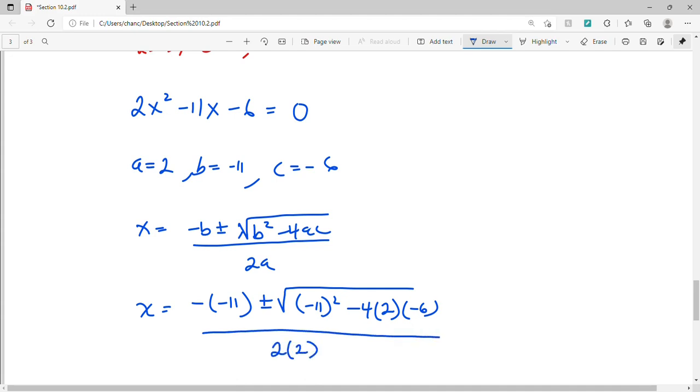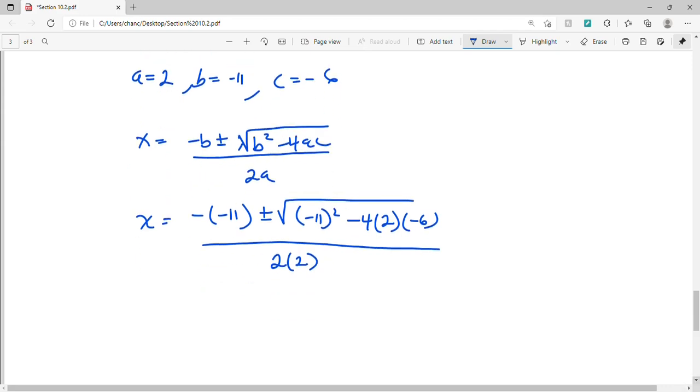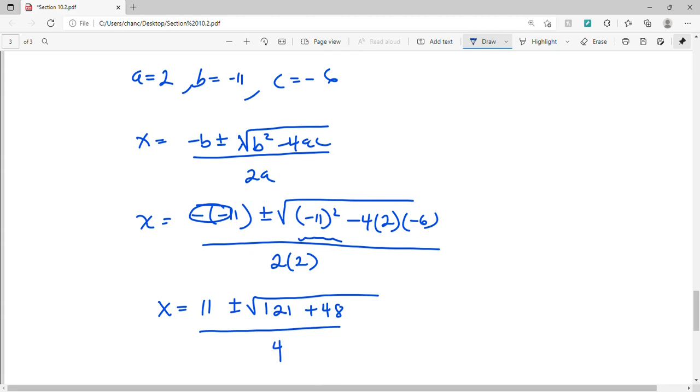So double check the substitution, make sure that's right, and then we can simplify this. We have a double negative, so that's x equals a positive 11 plus or minus. -11 squared is positive 121. -4 times 2 times -6 is a positive 48. And we'll divide that by 4.